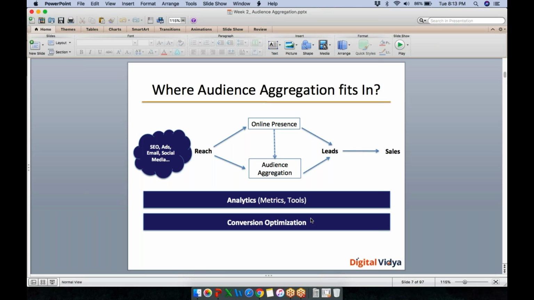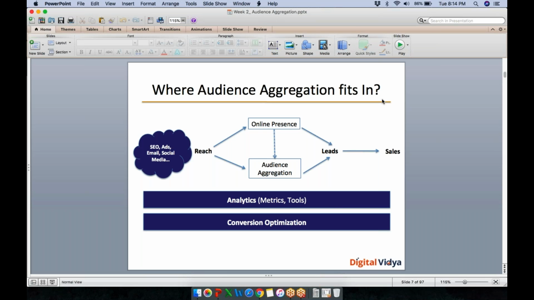So let's understand where does audience aggregation fit in terms of the context, and then I will get to the definition of what is audience aggregation. Okay. You guys remember this digital marketing framework? So last session that we finished, we understood how do we create engagement magnets, right?